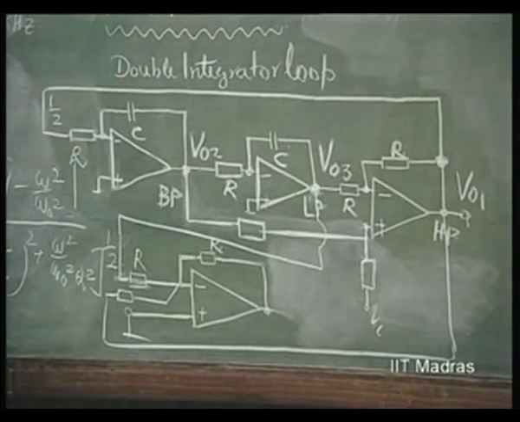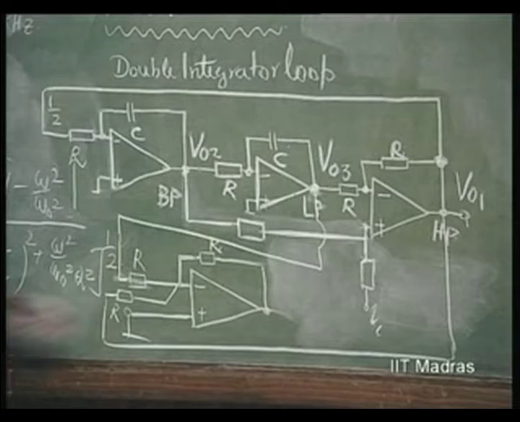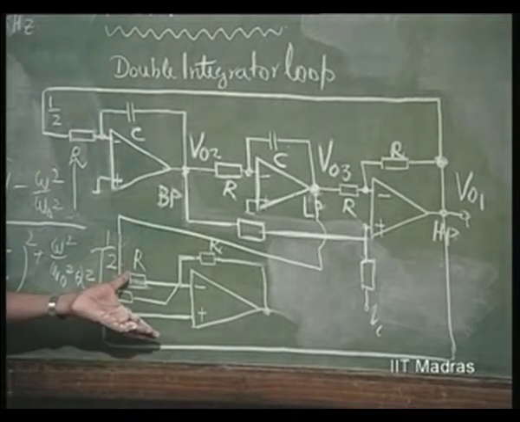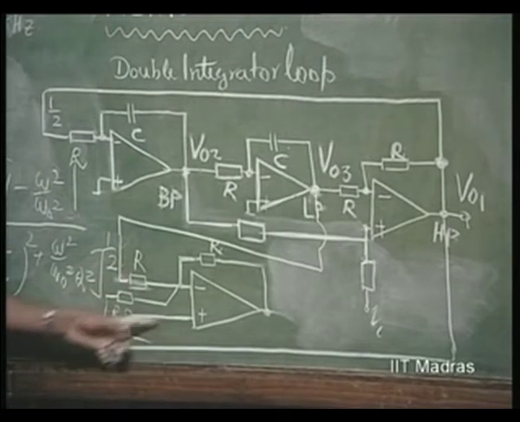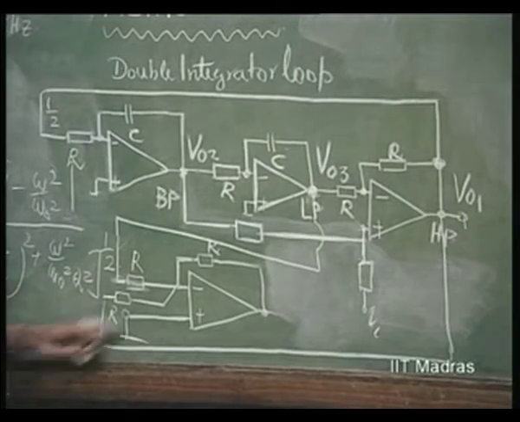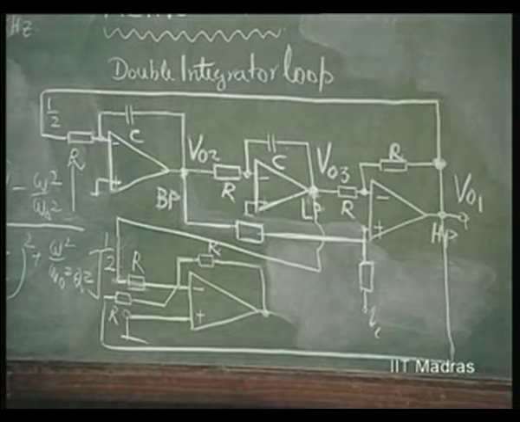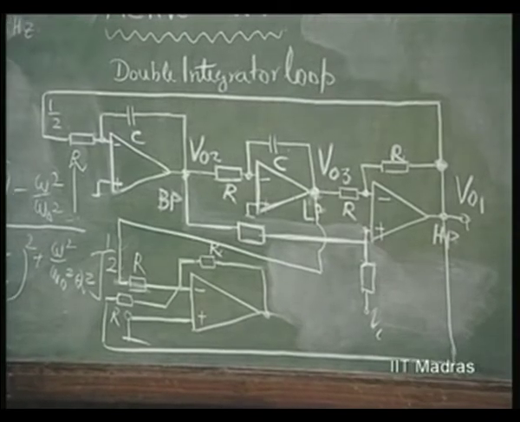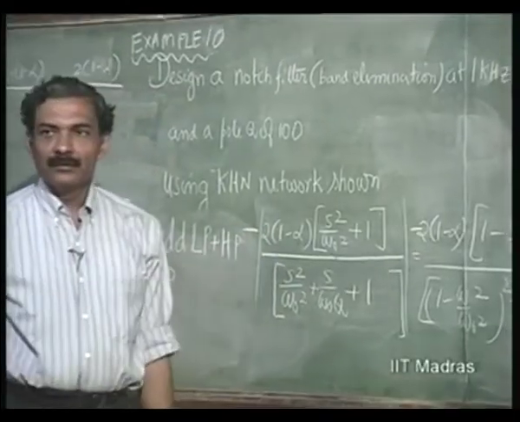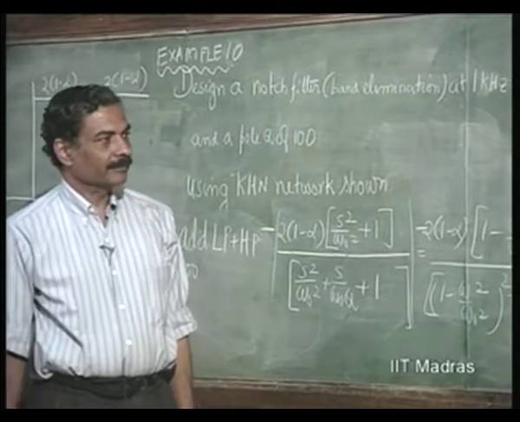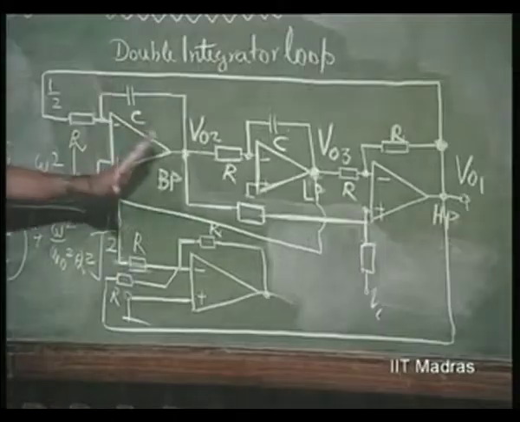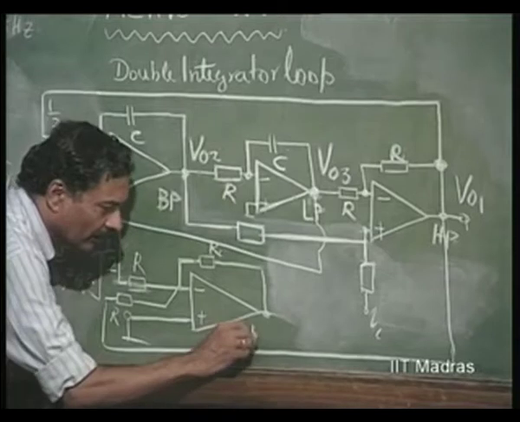Except for change in sign, now this will be simply added. So, this is an adding circuit, summing circuit that we had earlier used. So, this is grounded, you put equal resistors, connect one to low pass, another to high pass, and we get an addition of this, except that there is a change in sign here, that is all, okay, because of the inversion. So, this is the physical implementation. Here we get notch output.